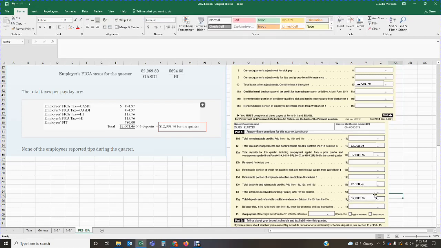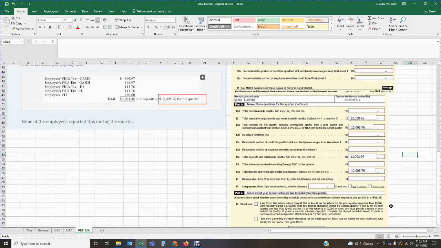So if you notice, we're just bringing the balances down. Total taxes that we calculated, the total deposits being made. It's just a matter of identifying which line items need to be filled out. Line number 14, balance due. We don't have a balance due. So that is part 1.